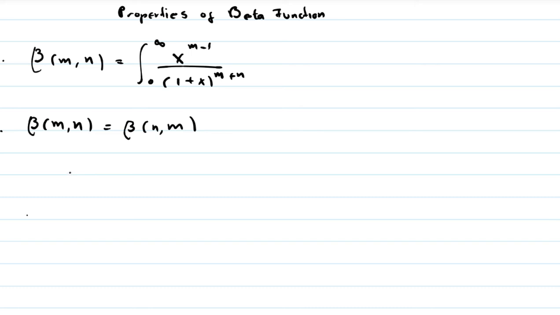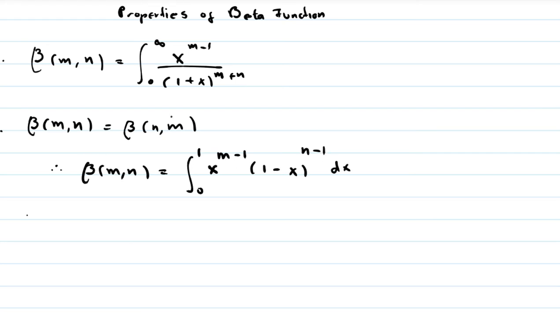Let us start by proving this by presenting the general formula of the beta function. This is the proof. We know that beta of m, n is equal to the integration from 0 to 1 of x raised to m minus 1 into 1 minus x raised to n minus 1 dx.